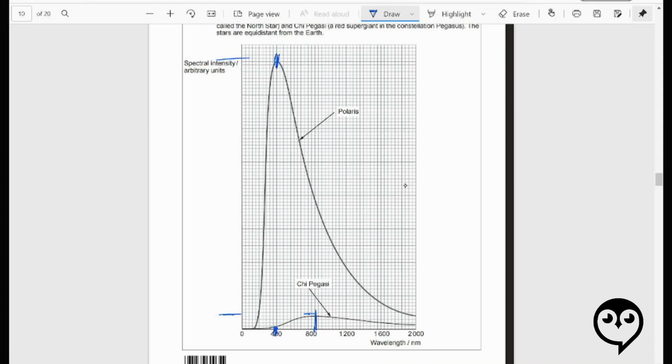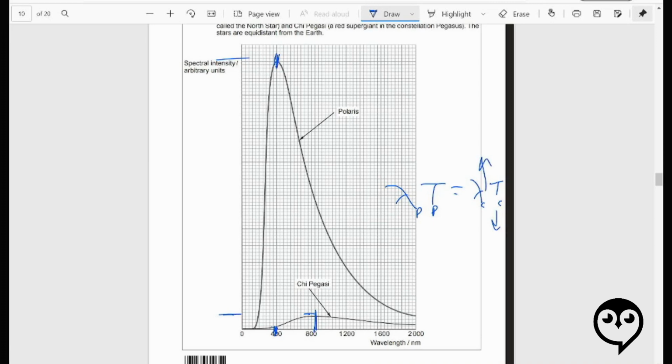So I suppose by using Wien's law, if we were to compare Polaris with Chi Pegasi, what we're saying is these things need to be equal. We know Chi Pegasi's got a higher wavelength, therefore it must have a lower temperature.